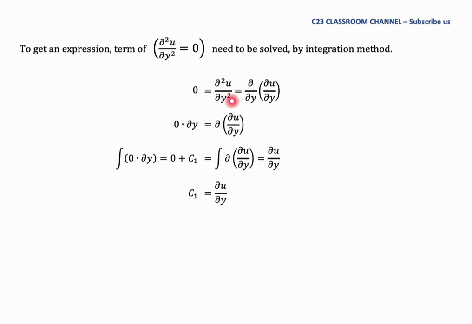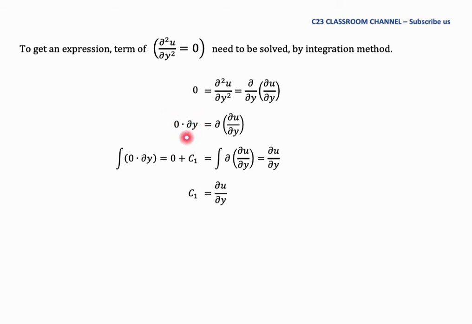So del square u over del y square is equal to 0 now, and then we could split the power of 2 by writing it like this, del over del y of del u over del y, and then we bring the del y to the left side, so we have 0 times del y equal to del u over del y.